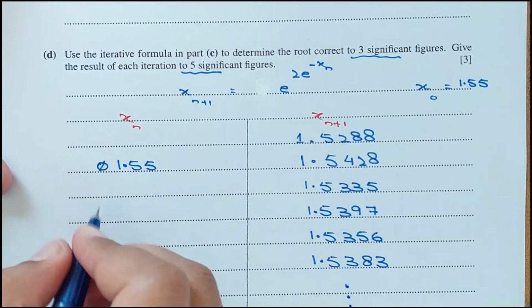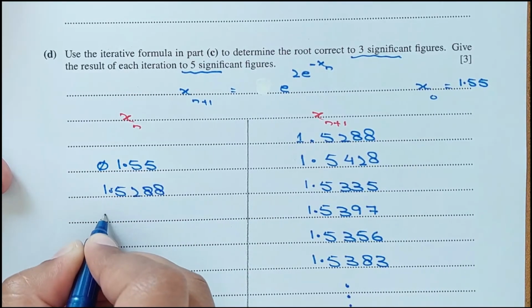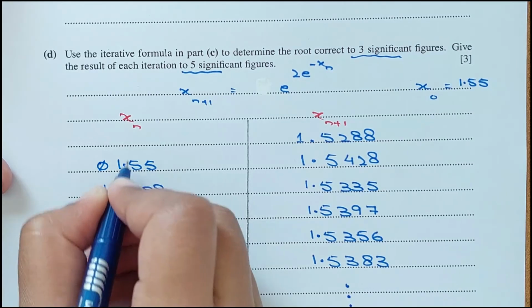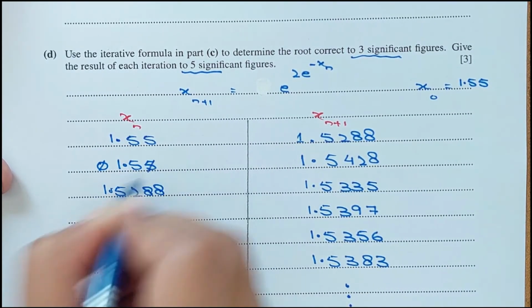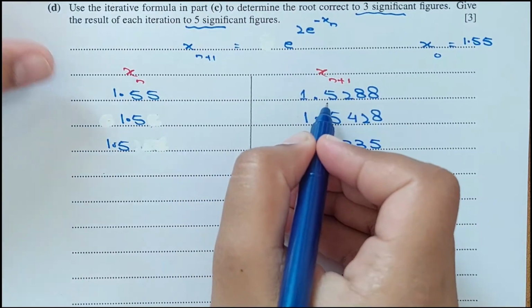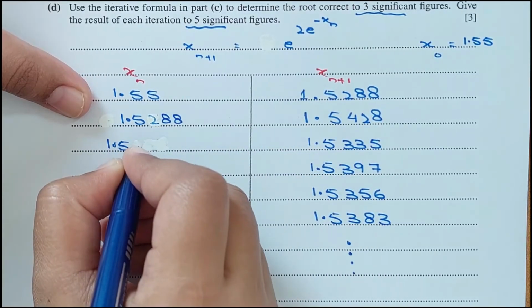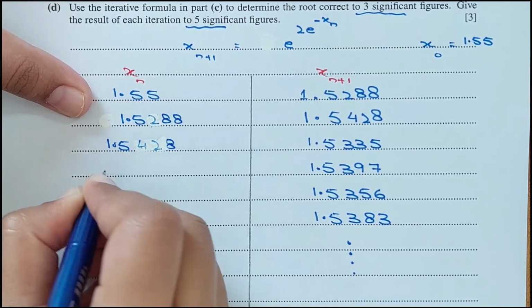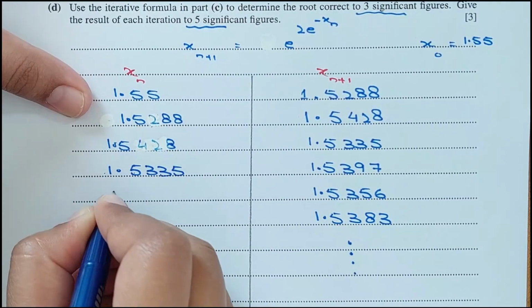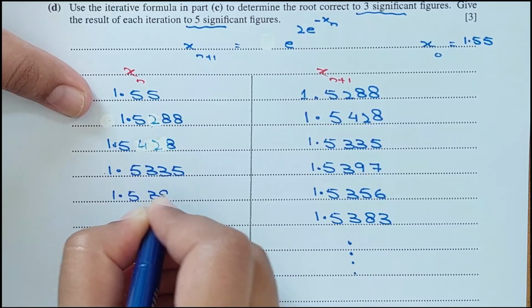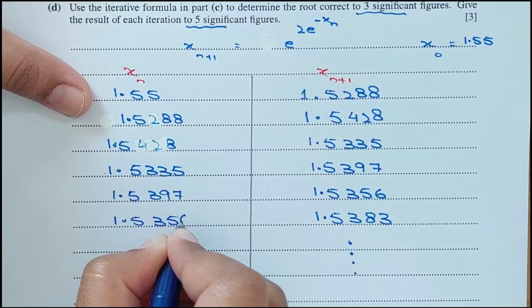Let me fill this column as well. It is 1.55, 1.5288, 1.5428, 1.5335, 1.5397 and 1.5356.